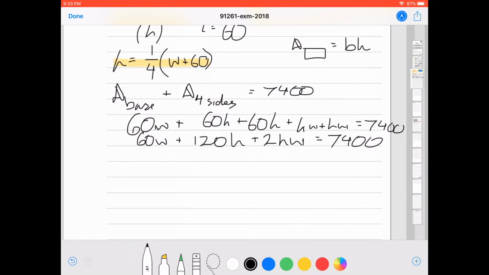So we've got, these are our h's that we're going to substitute. We've got 60W plus 120 times 1/4 (W plus 60) plus 2, and let's say 2W, and now we'll substitute an h, so 1/4 (W plus 60).